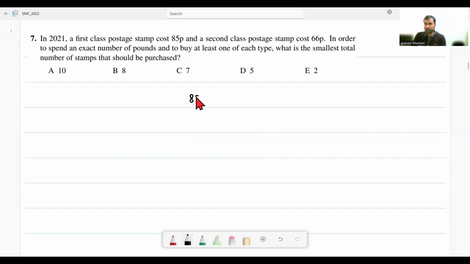So first class 85 paise, second class stamp is 66 paise. So first write the data, okay, all the data you have, write it down.